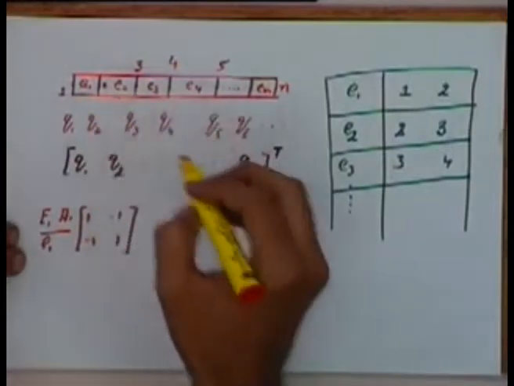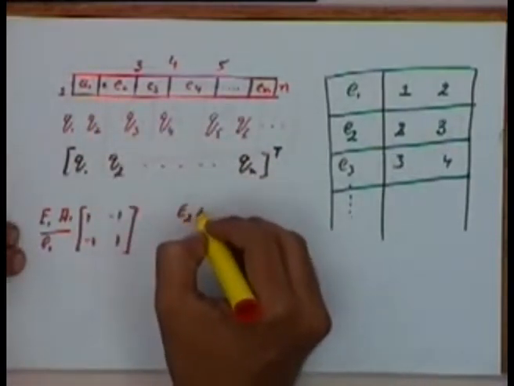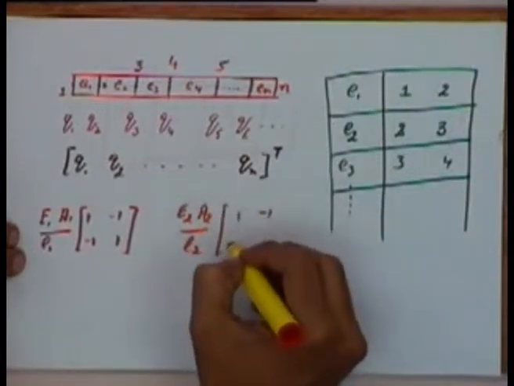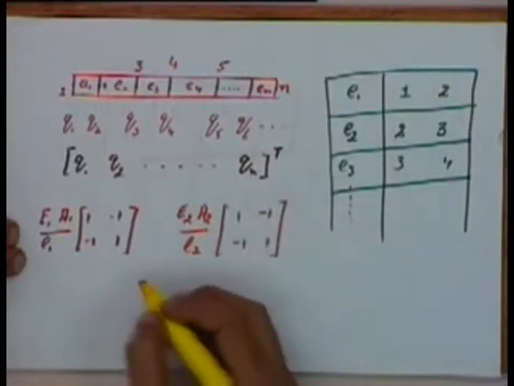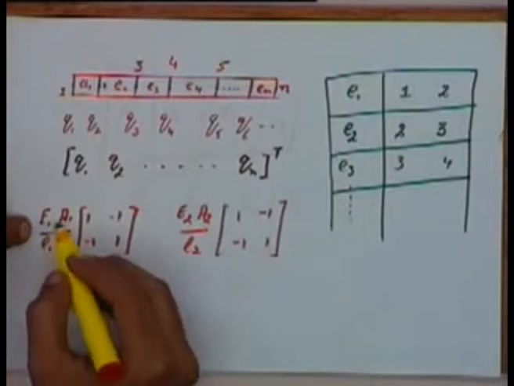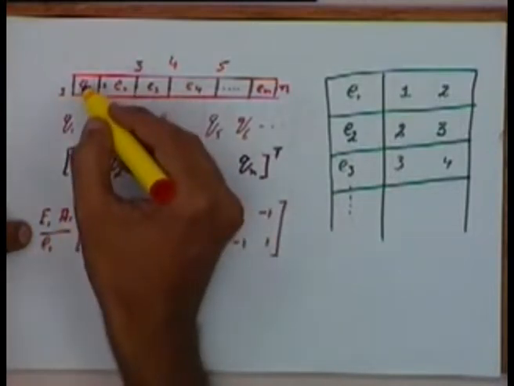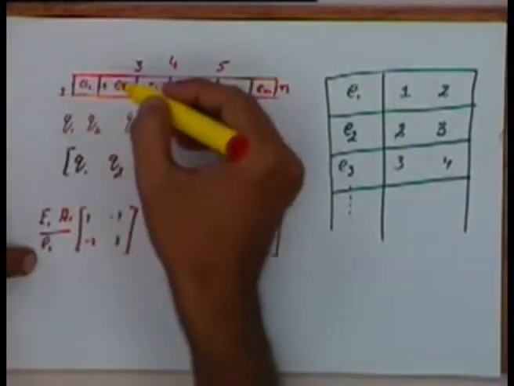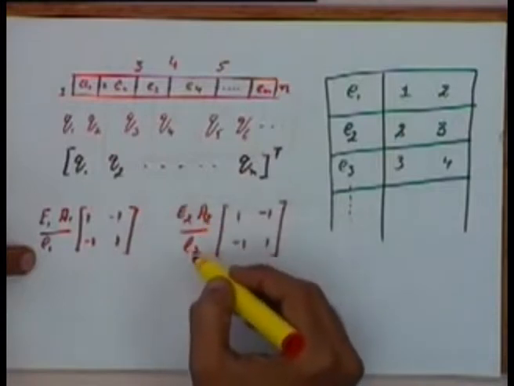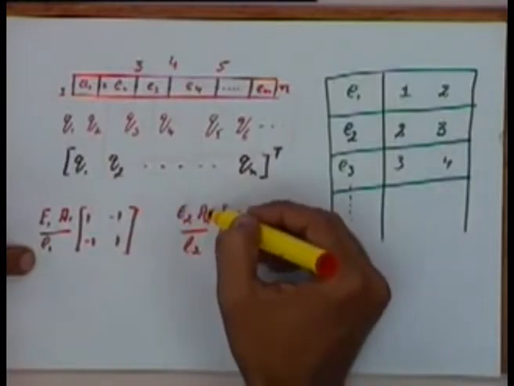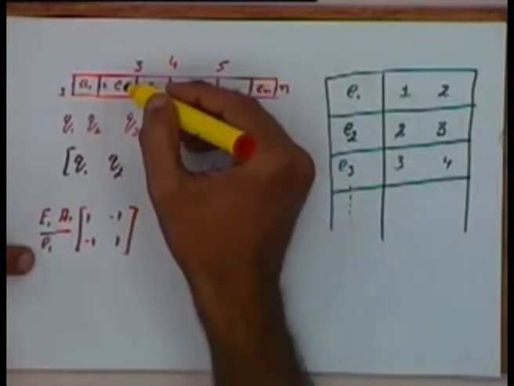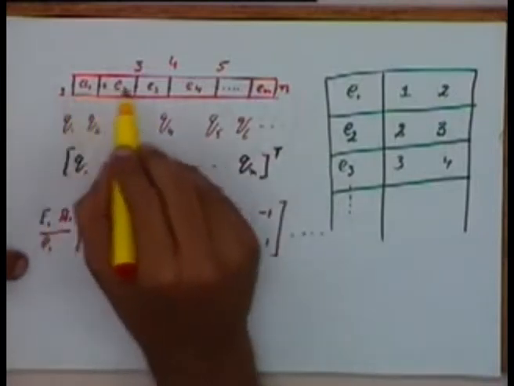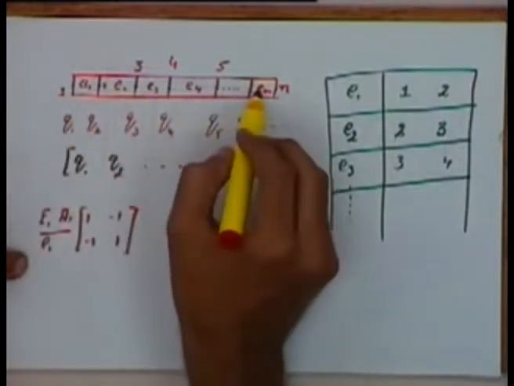Okay, similarly the stiffness matrix for the second one would be E2 A2 by L2 multiplied by [1 -1; -1 1], where E1 is the Young's modulus for element 1, A1 is the area of cross section for the first element, L1 is the length of the first element. Okay, similarly if I take the second element, E2, A2 and L2 are the Young's modulus, area of cross section and length for the second element, okay, and so on. This way we can write down the elemental stiffness matrices for each of these elements.